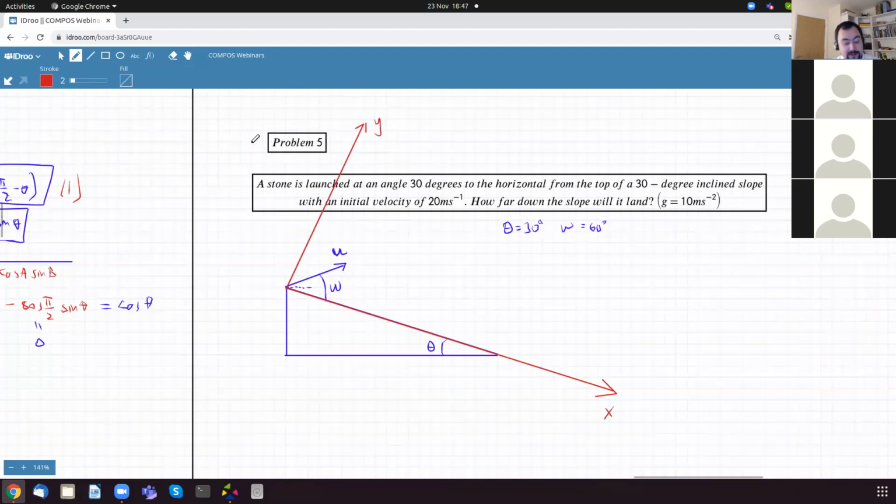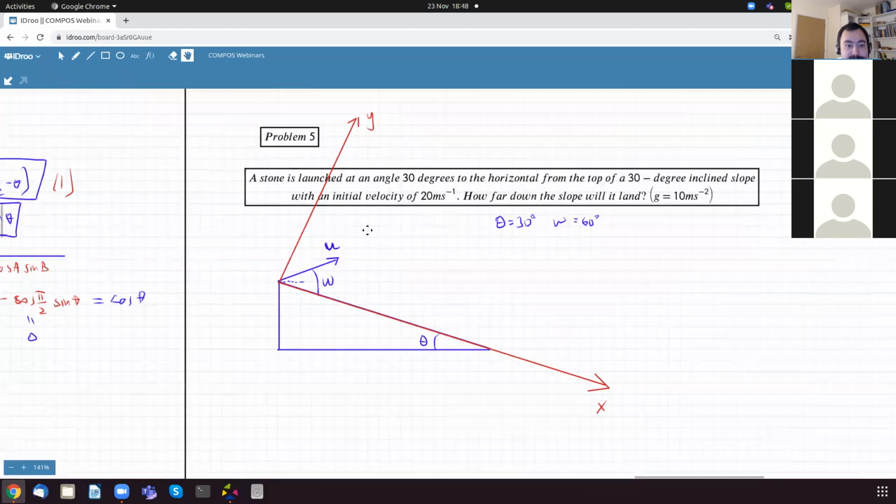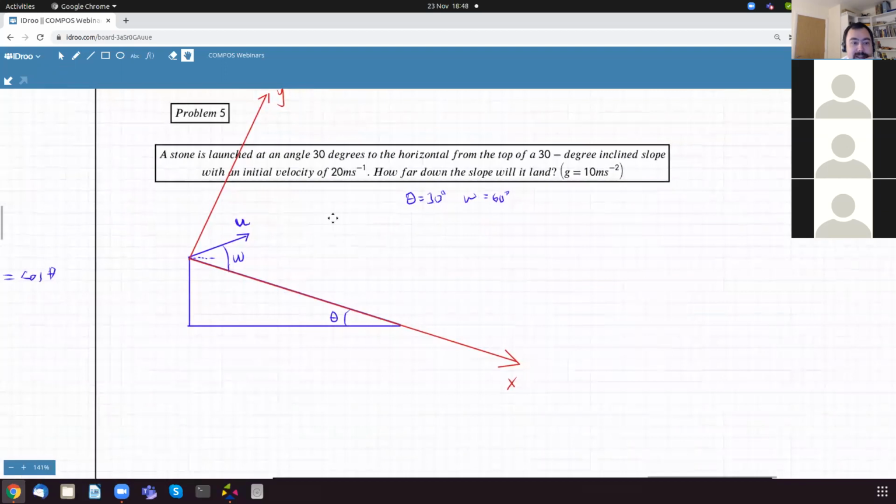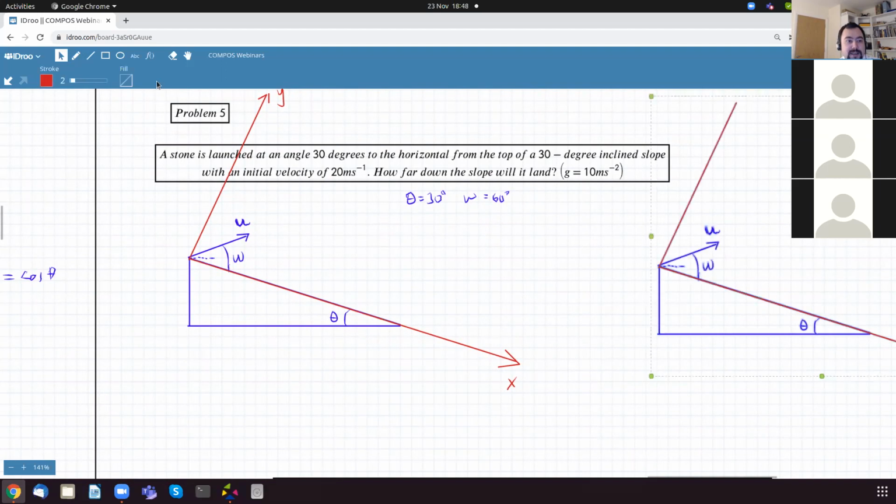And now you can write down the equation of motion of the projectile, the stone. So basically, you don't physically have to do it, but you can do it in your head.